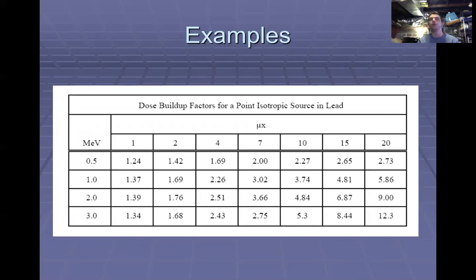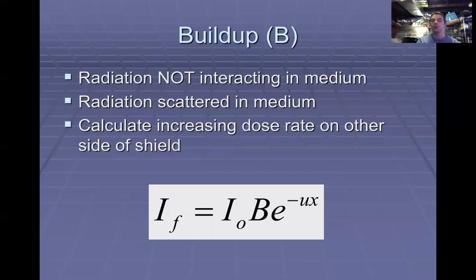When you talk about meters of concrete, that's not just a small little space. There's a lot that's changing with that radiation as it moves over that course of distance. So that's a very necessary factor to include. But for our very superficial look at radiation shielding, I am not going to ask any questions about buildup, just because I don't want to have two B variables kicking around in any questions that I ask, because that's way too confusing.